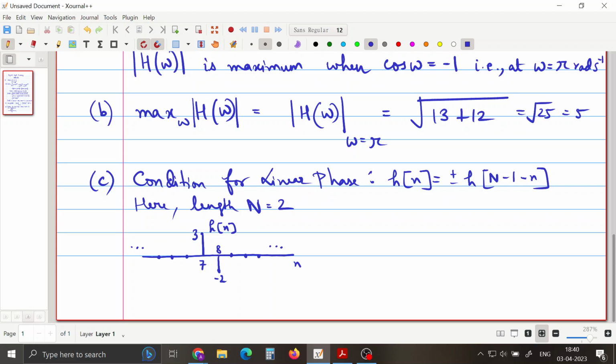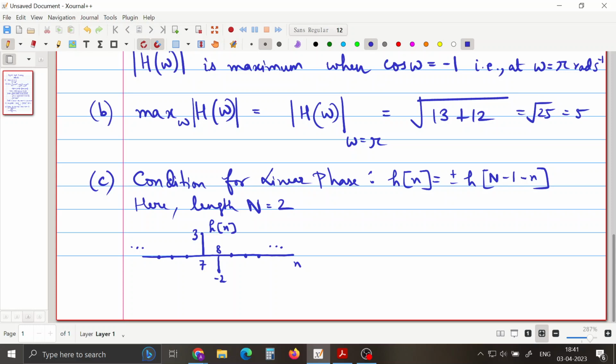Now if you recall the types of linear phase FIR filters, type 1, type 2, type 3 and type 4 all had some kind of symmetry in the impulse response, right? For type 1 we have even symmetry and odd length. For type 2, even symmetry and even length. For type 3, odd symmetry and odd length.